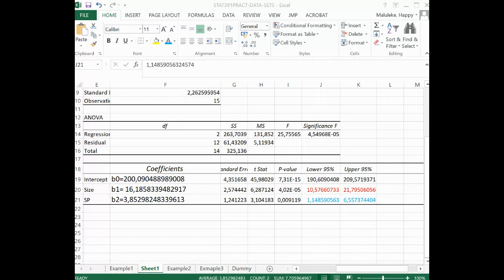I'm saying by looking at the confidence intervals, we can simply tell if we really need these two independent variables, because they don't include 0, which means we need them to predict the selling price, including the variable indicating whether the house has a swimming pool or not.